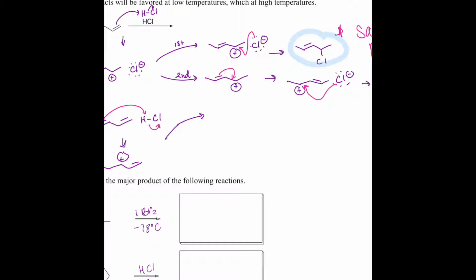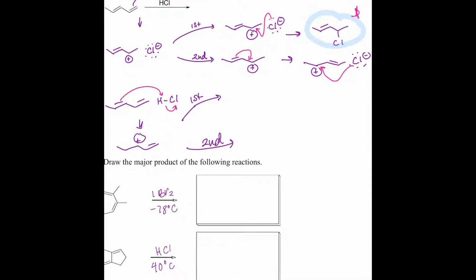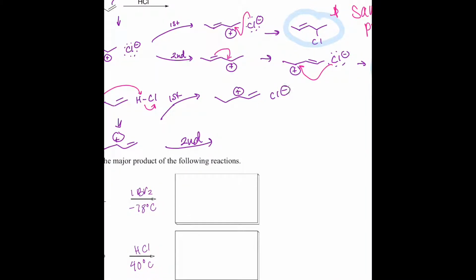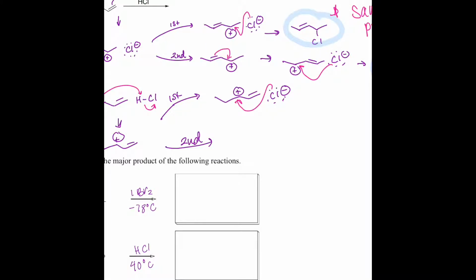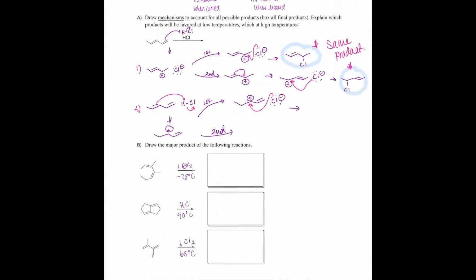The first route is just going to be like the one we did before, where the chlorine is going to just attack the carbon right here without any shifts going on. So our answer over here is going to look like this. The second route is that there is actually going to be a shift.